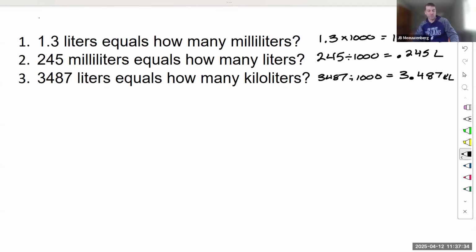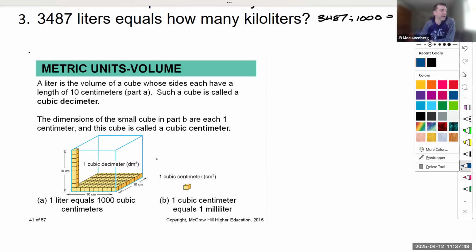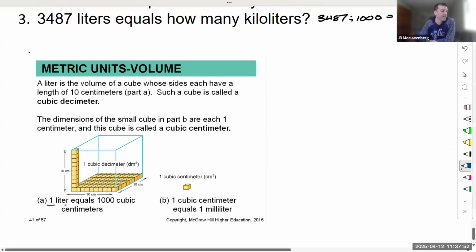Now, another thing that's important to know about the metric unit of volume is that sometimes we will measure, like we mentioned earlier, in cubic measurements. What you see here is actually a picture of 1 liter. We just talked about one of those things.